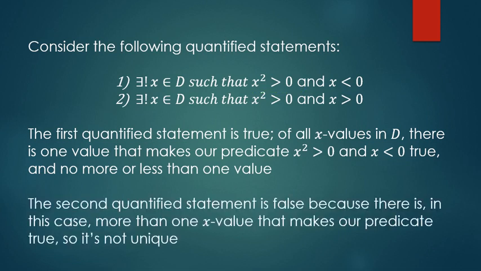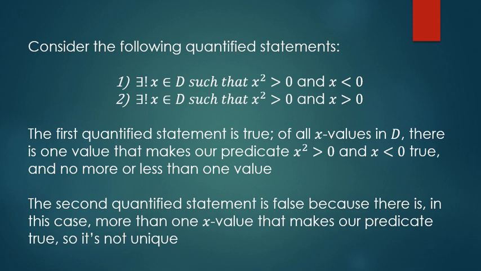The second one is false, because if you look at our set capital D, we have 4 numbers that are positive, 2, 3, 5, and 6. For every one of those positive numbers, x squared is positive, its square is positive, and every one of those numbers themselves are positive.